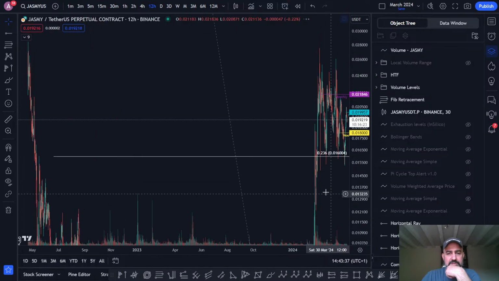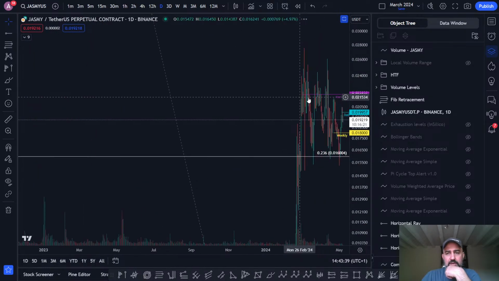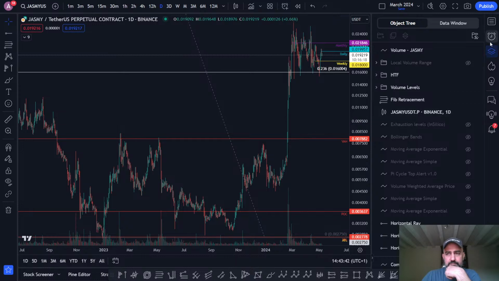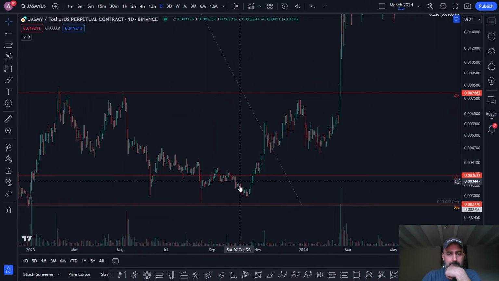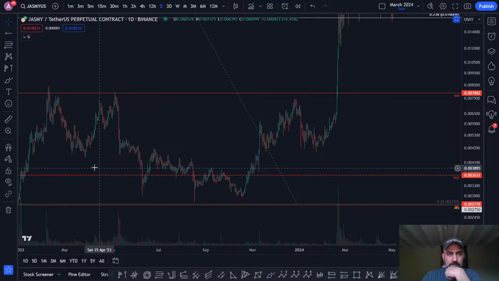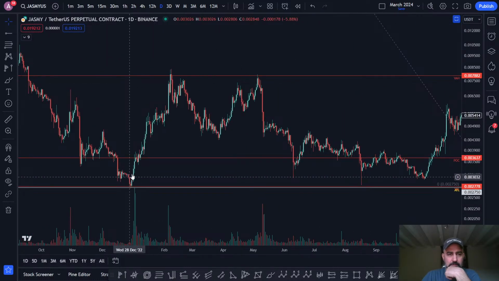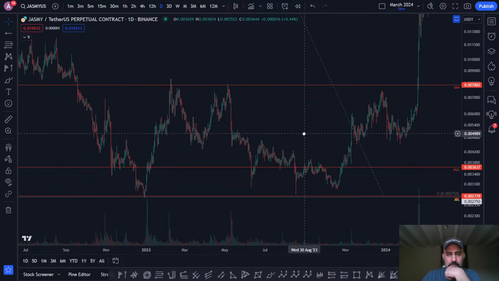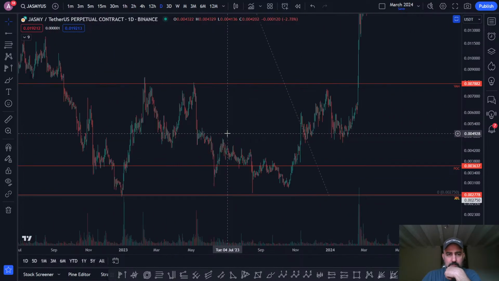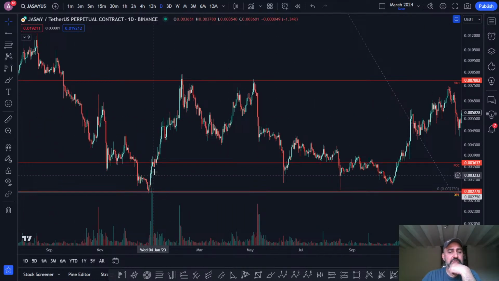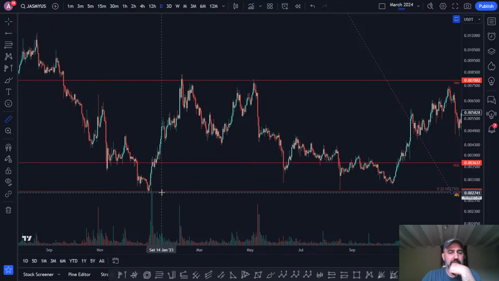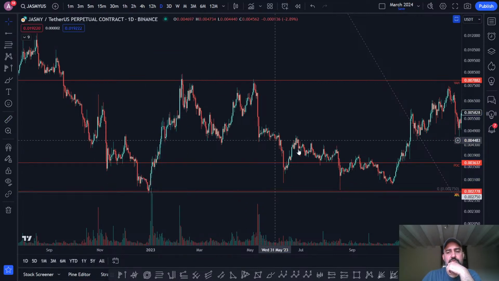I'm just going to have a look and see if I can see any kind of Elliott waves. It's really hard to know, because right here at December 22 there was an impulsive move and it went quite far, 178%.